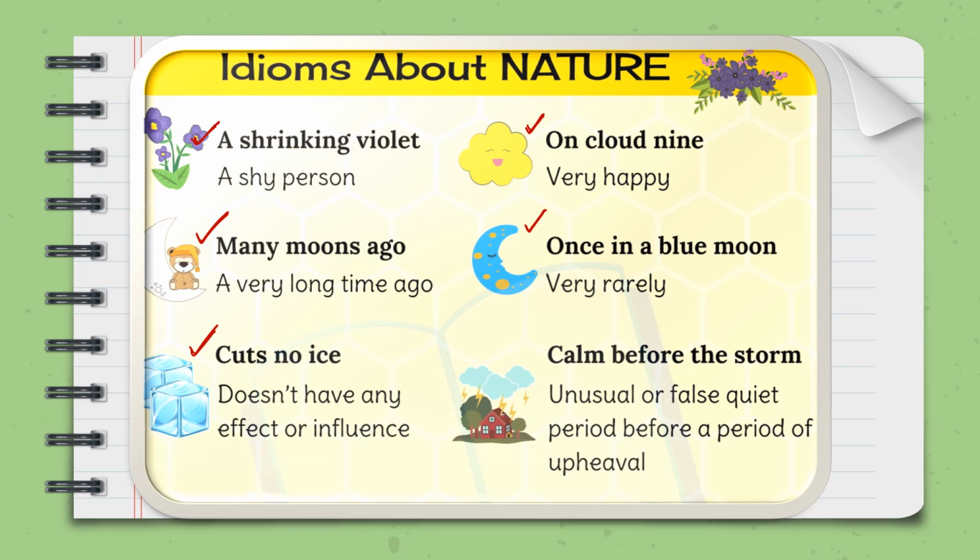It means I watch TV very rarely. And the last one is calm before the storm. The meaning is unusual or false quiet period before a period of upheaval. Example, the teacher knows who has done this mistake. Still she is quiet. I think that's calm before the storm.